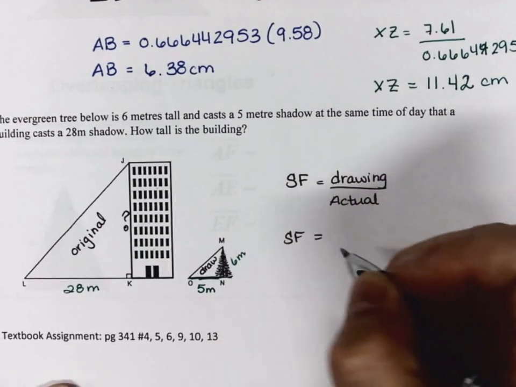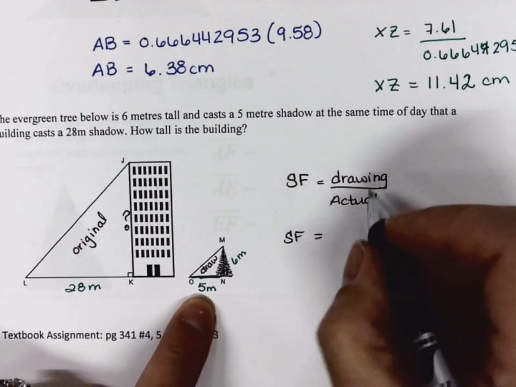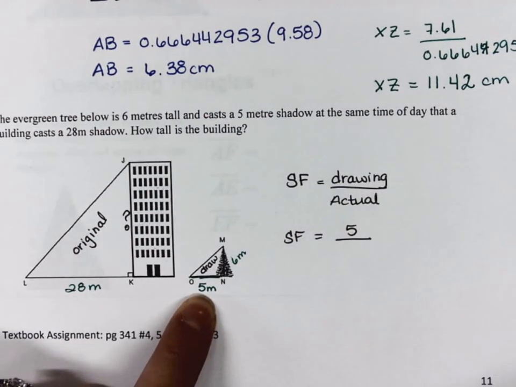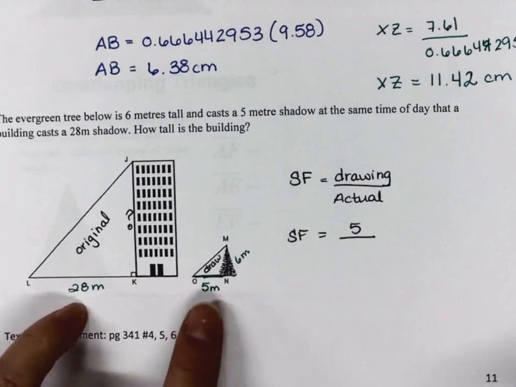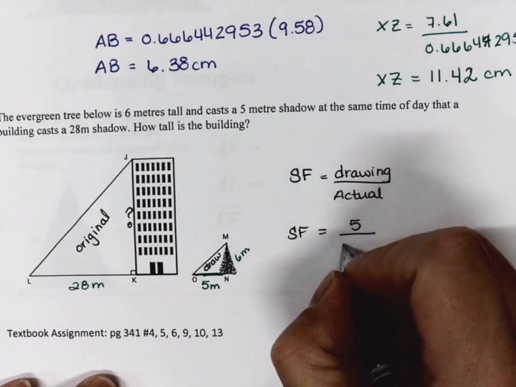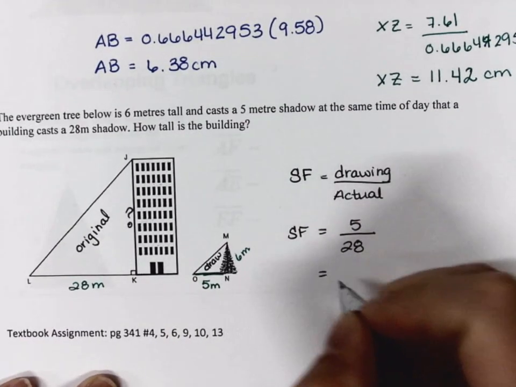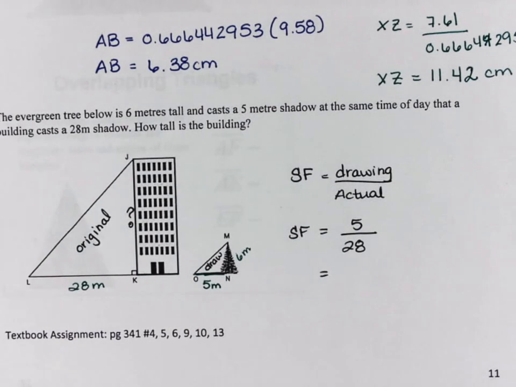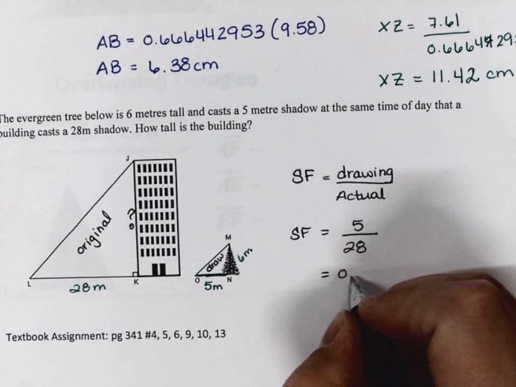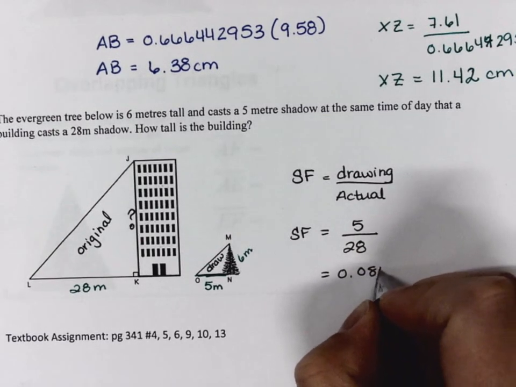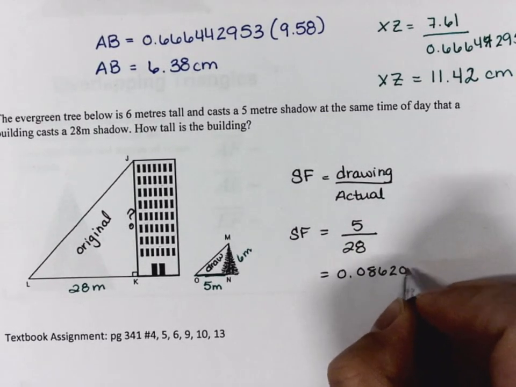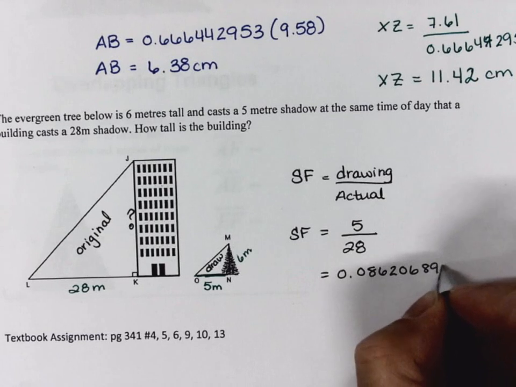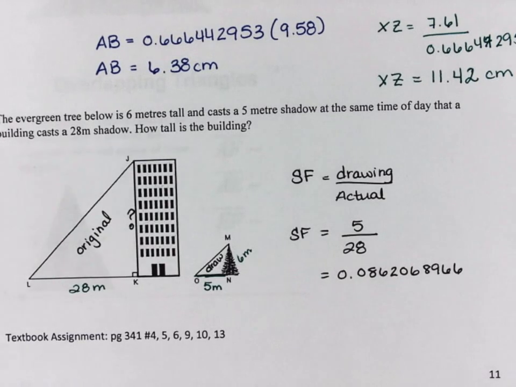So for the scale factor I'm going to take the drawing, which is 5, and we always have to start with the sides where we have both pieces of information. All right, so what's 5 divided by 28? So that's my scale factor.